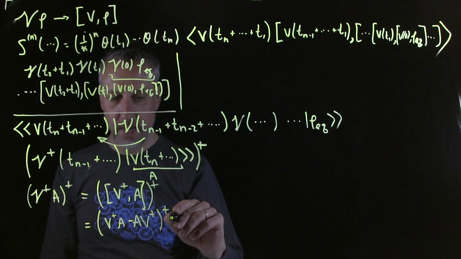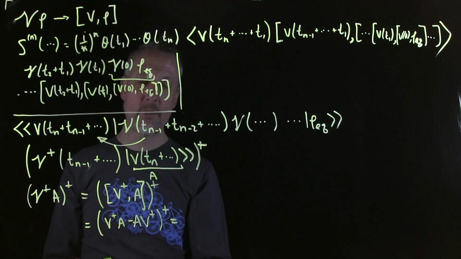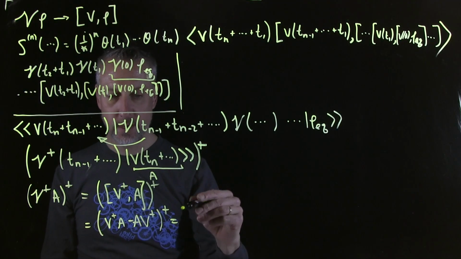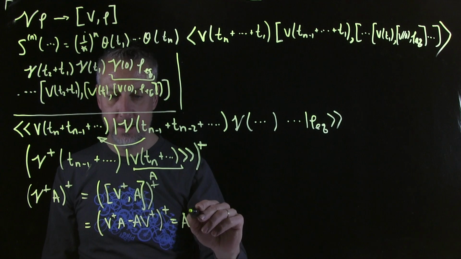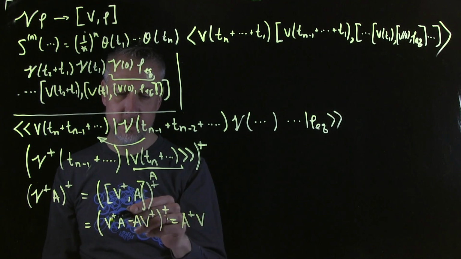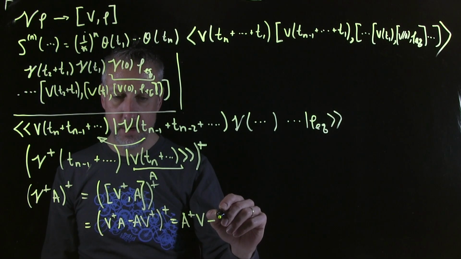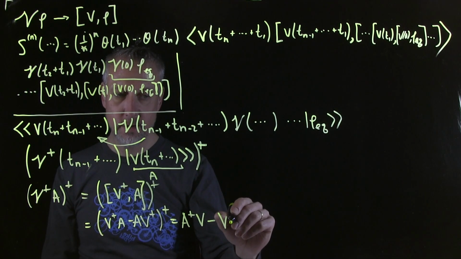Now we just have to remember what dagger does when you have a product of operators. You take the dagger of each operator and then you switch the ordering. So that's going to be A dagger V, because daggering a dagger just undaggers it, minus V A dagger.